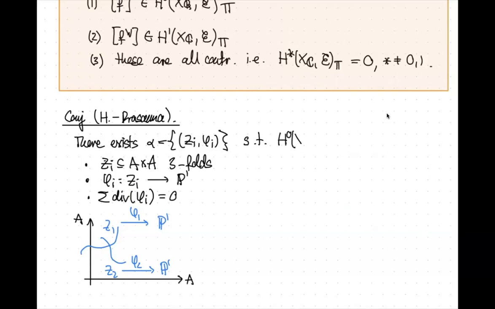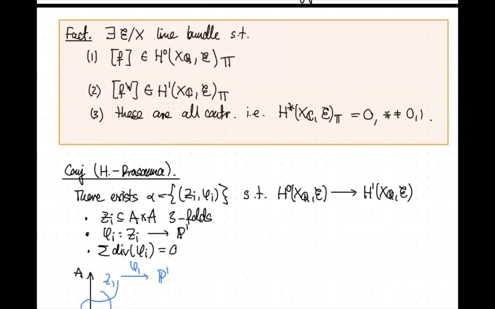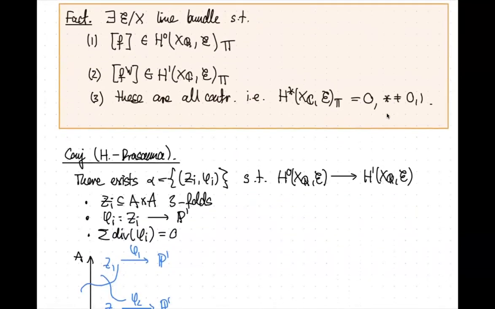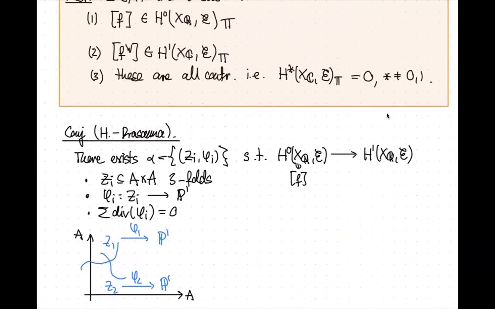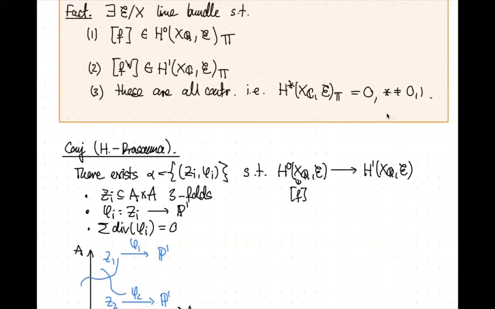And now this is the rationality statement. So you have this map from H0 to H1, and over the complex numbers, you can send this f to fw. And f was already rational in this case, so there's no way to normalize f, as I said. You just have to normalize it directly to be rational. But then when you send it to fw, you'll see some very similar thing coming up, at least conjecturally.